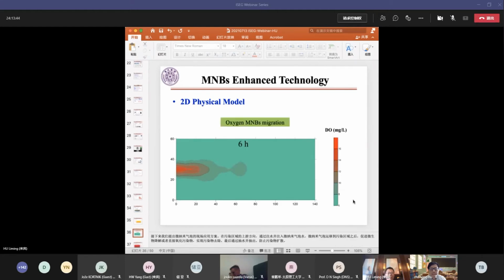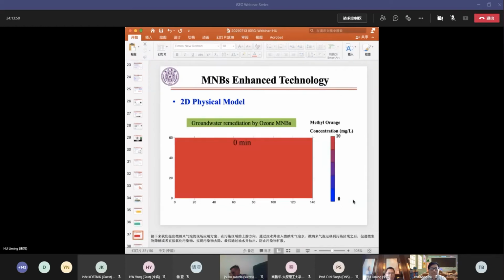We can see the oxygen nanobubbles migrating in the soil model, so they can migrate very far. And this is the groundwater remediation process by ozone micro nanobubbles. The contaminant is methyl orange.